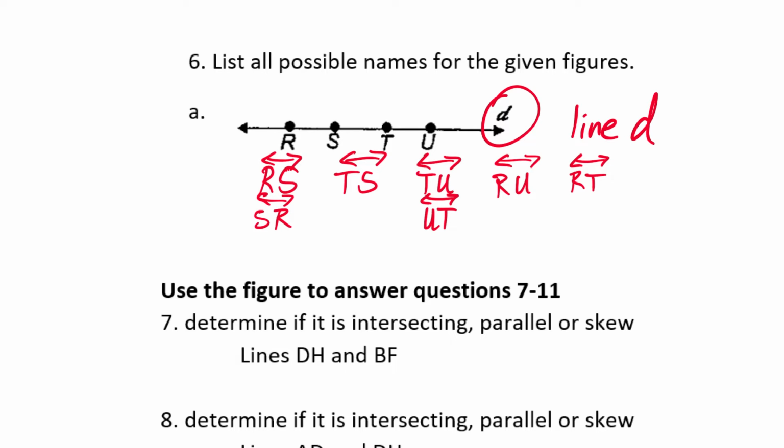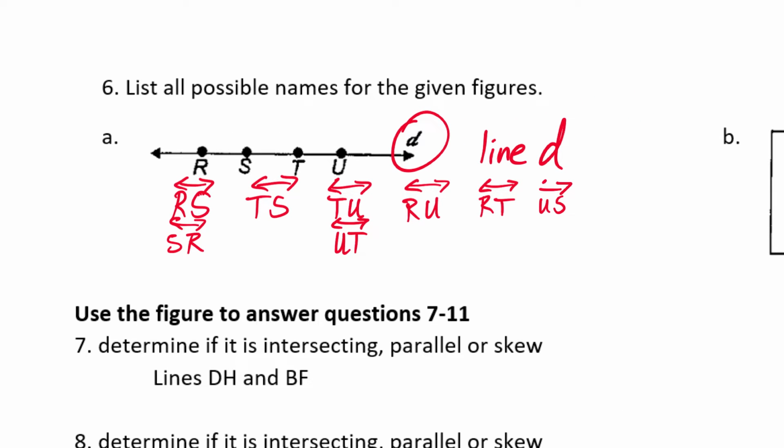US. Good. TR. ST. And then the other way is going to be SU. And so that's 2, 4, 6, 8, 10, 12, 13. That's 13 ways to name it.